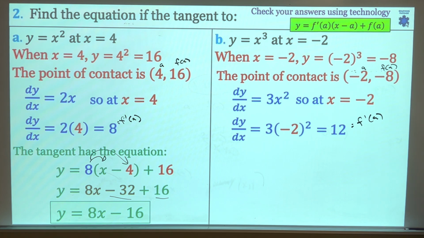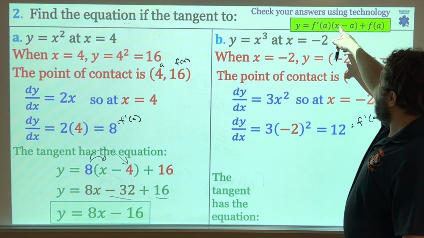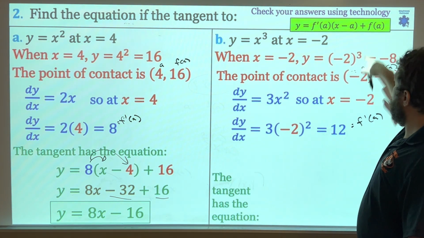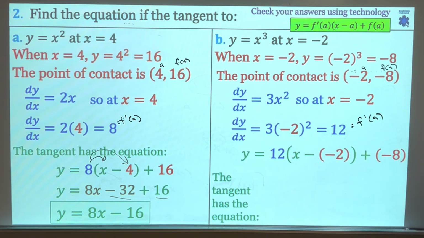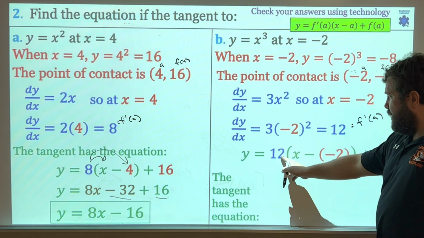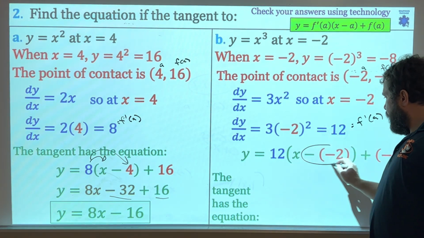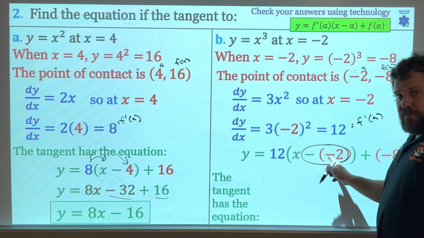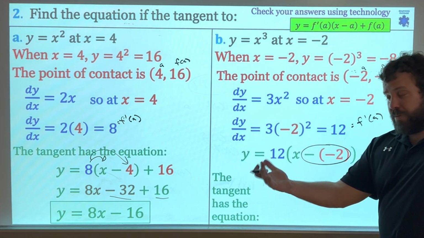Assume you're done. So you've got 12 times (x minus negative 2) plus negative 8. Now here's the key. Don't distribute your 12 yet. Look at this: x minus a negative 2 is the same as x plus 2.